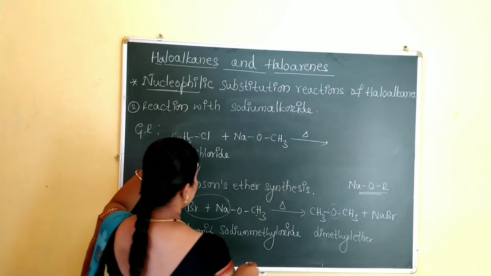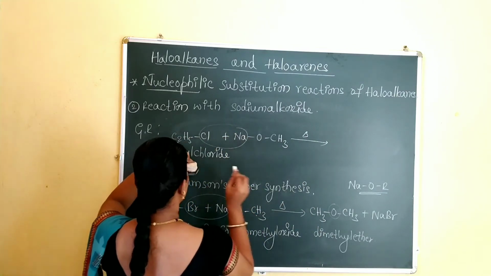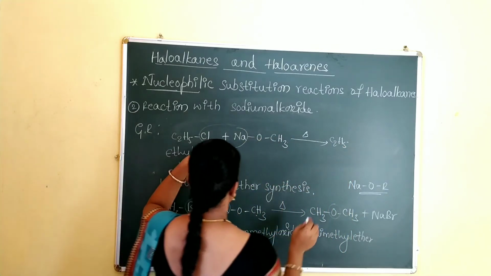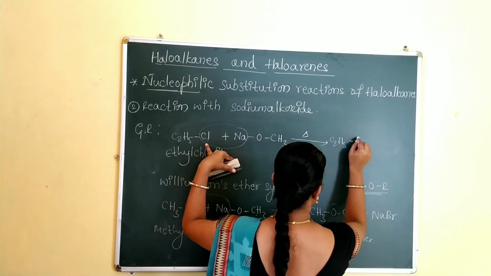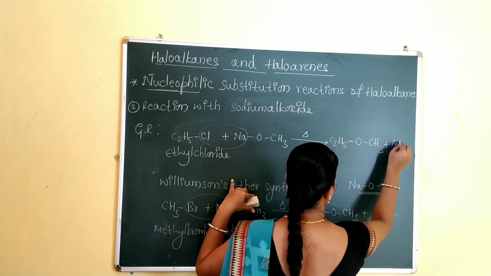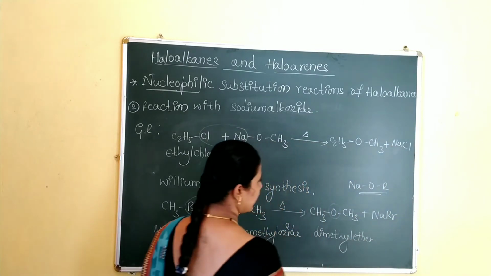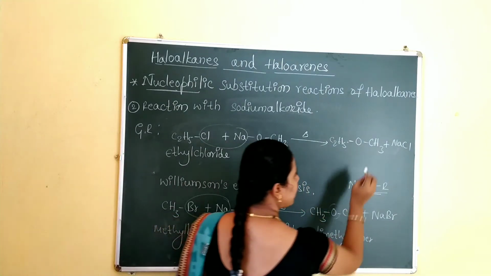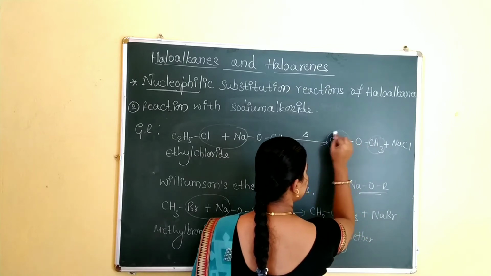Then C2H5OCH3 plus NaCl. See here, it is a mixed ether. One is a methyl group, the other is an ethyl group.